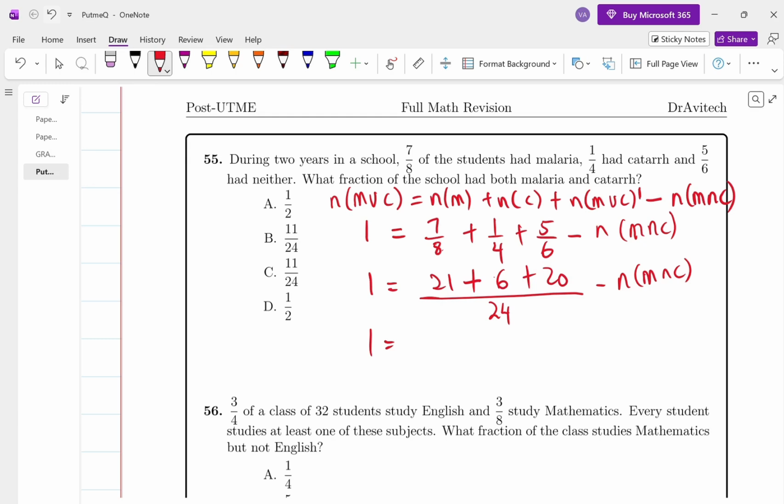So this is 1 equal 21 plus 6 is 27. 27 plus 20 will give us 47 over 24. Then minus n of M intersection C. Well, this is already a problem, but let's continue so you see why it's a problem.